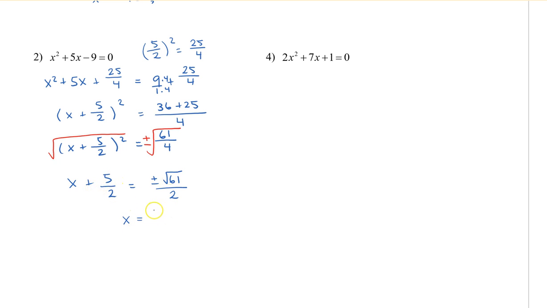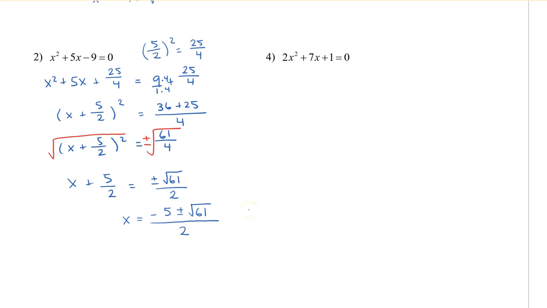So when I move my 5 over 2 to the right side, I get negative 5 plus or minus root 61, and then all of this will be divided by 2. And like I said, if you don't simplify the right side, in this case we can't, but sometimes you can, the denominators will always be the same, and when you move the constant number on the left to the right, we can just join the fractions together.